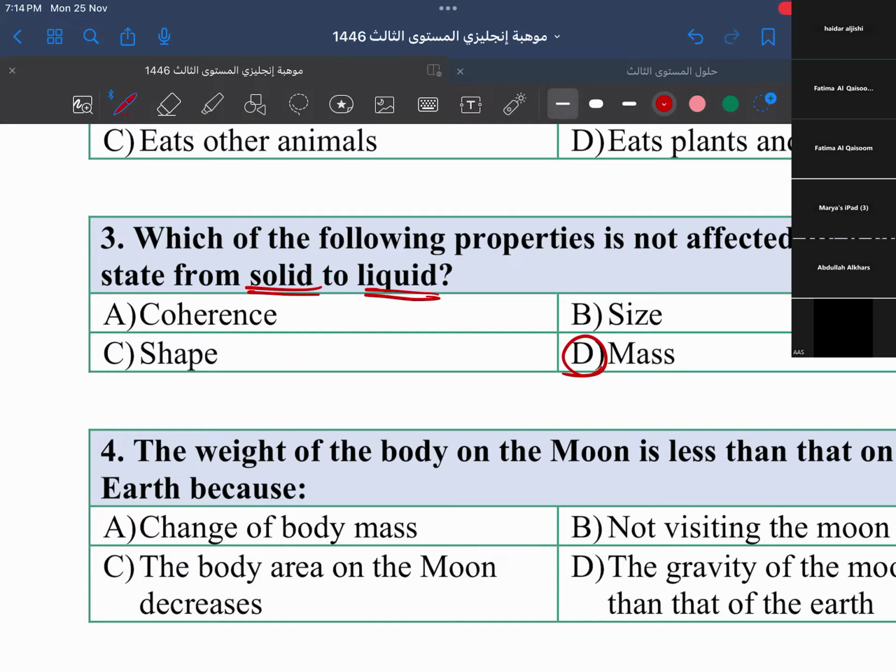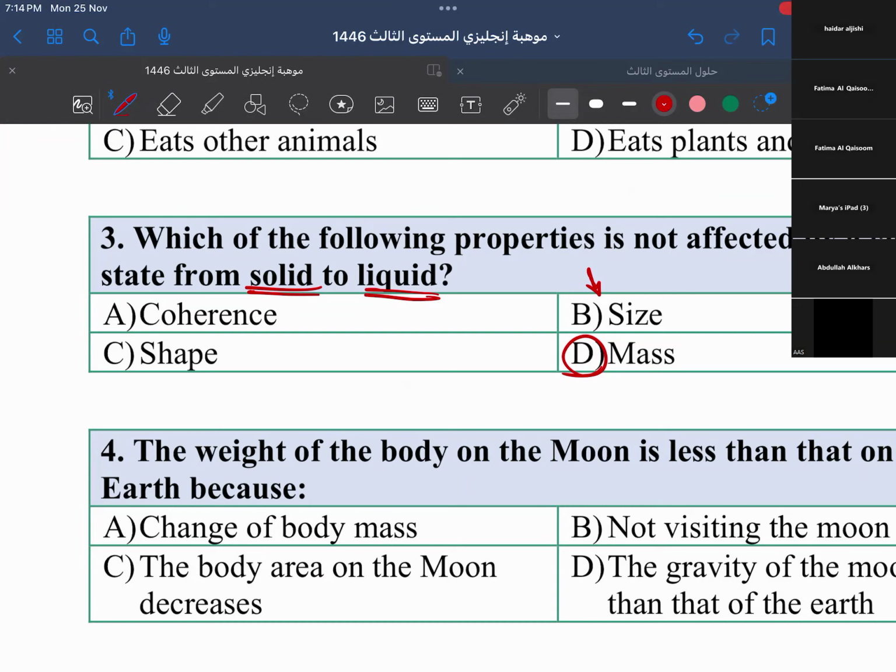Yeah, so that's because when water became solid, its size differed. It's occupying more space. Its size is bigger. So size also differs when the state of matter differs.